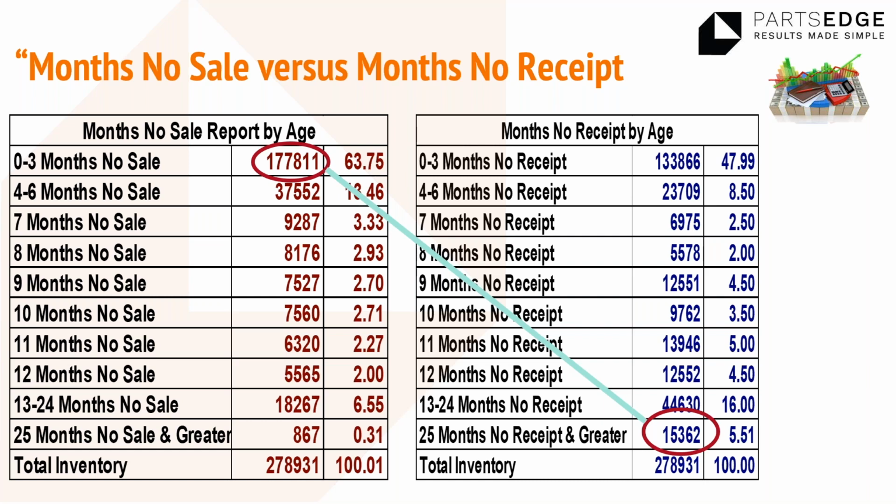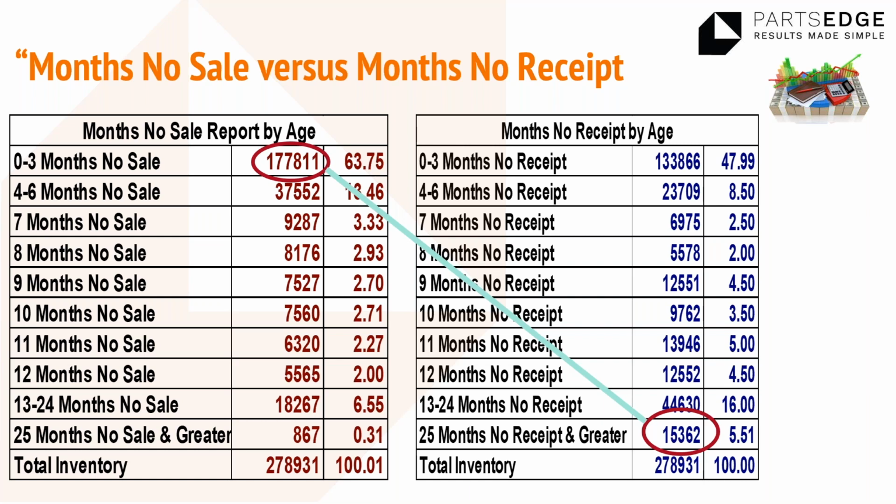And if you go down, and again, this is in the months no sale by age report on the left-hand side, and look at the aging report, the 13 to 24 months no sale shows $18,267. And the 25 and greater shows $867, period.